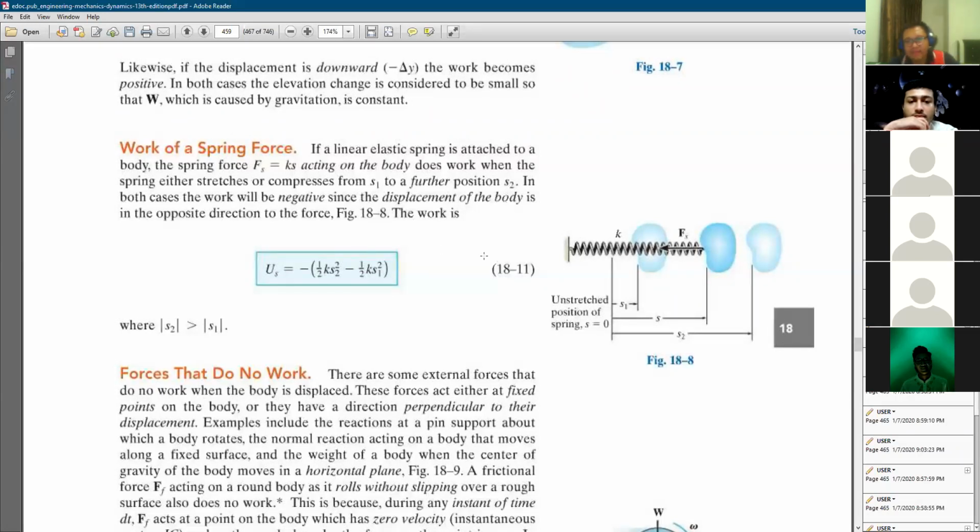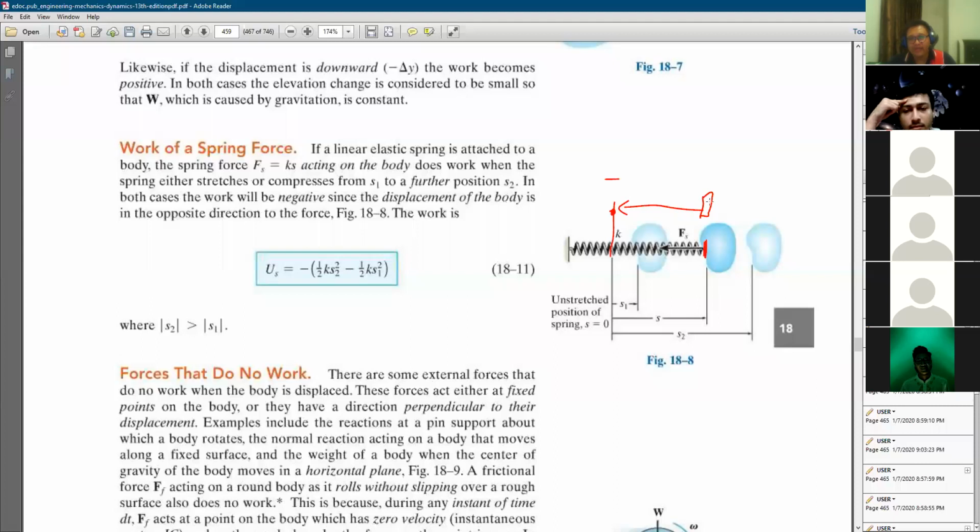For example, initially at point S, the unstressed position of the spring, it is originally here, but then you push it and it becomes compressed to this point. Therefore it will have a negative work. Why negative? This is, for example, your hand.